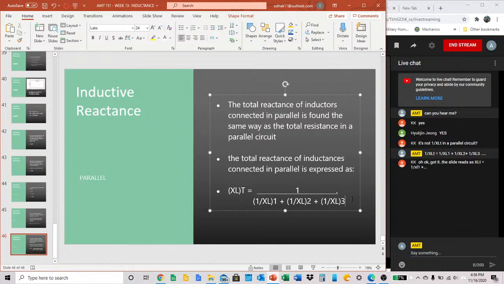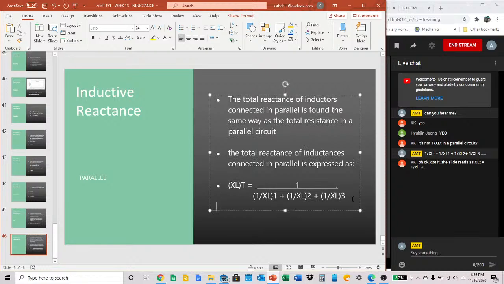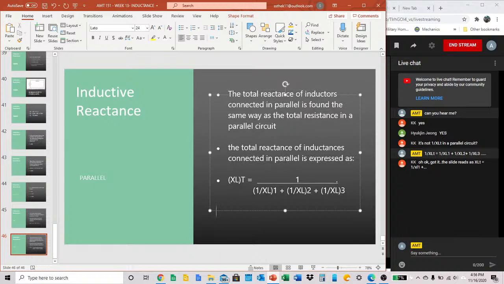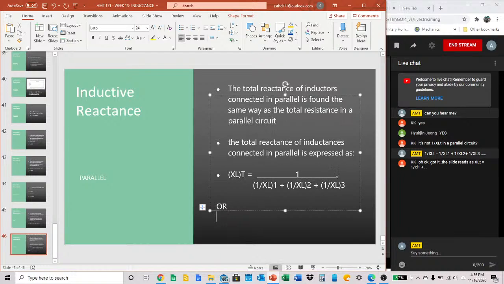Okay, so I'm going to write it in here so that you guys aren't confused. You will see that formula written like this.